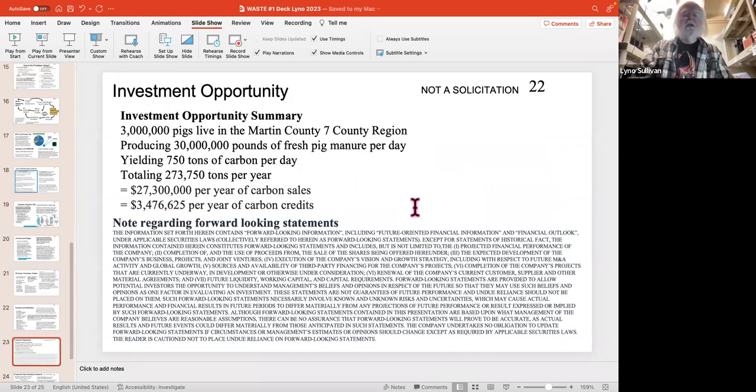So now I'll be quick here. Notes regarding forward-looking statements. I'm putting that in here, even though this is not a solicitation, because this talks about forward-looking statements, and I'm talking about futures.